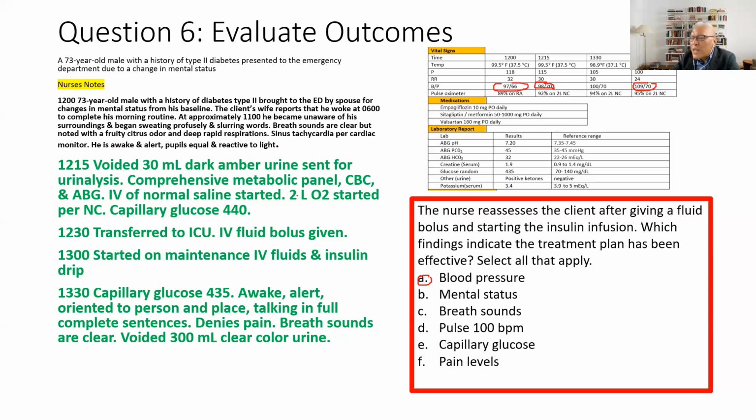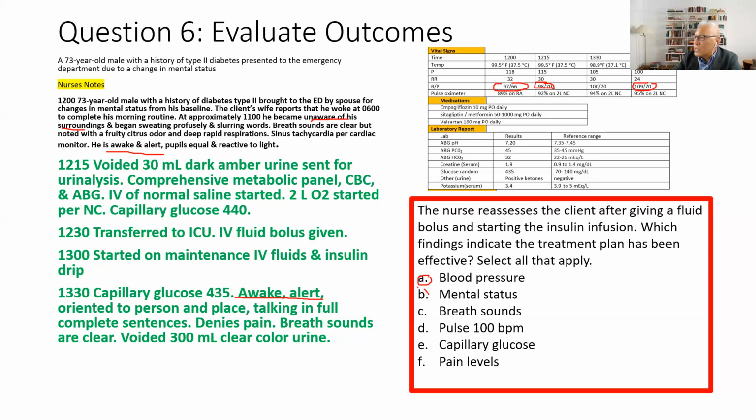Okay, the mental status, let's see. He's at 12 o'clock, he's awake, alert. And at 13 o'clock, awake, alert at 13:30. So you remember that he came in with slurring of the words and unaware of his surroundings.